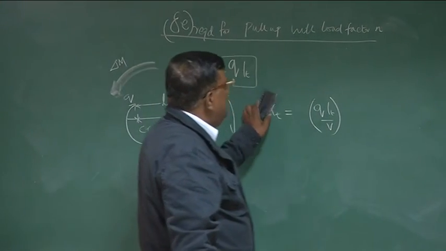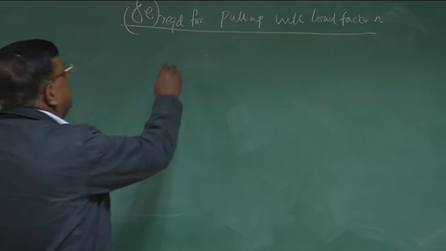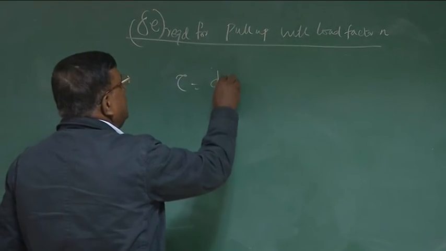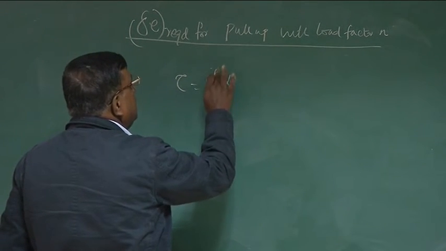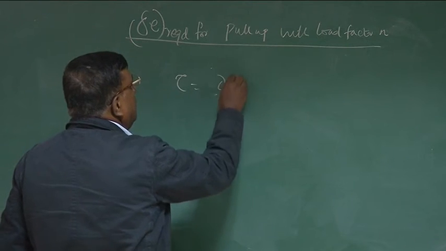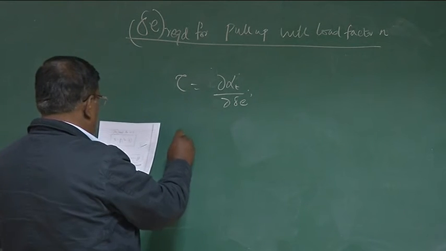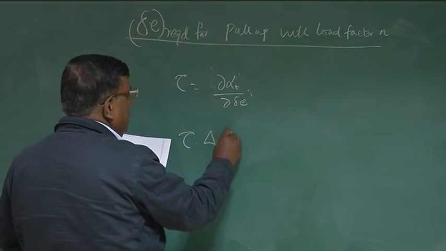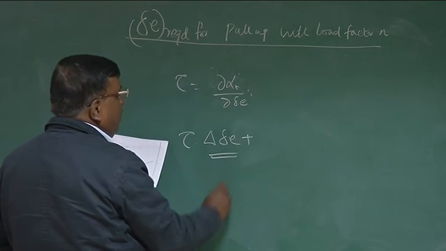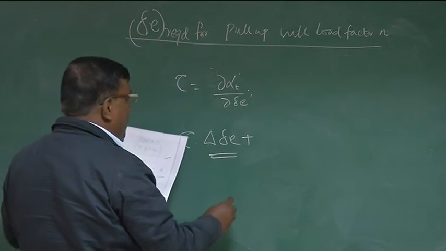So now how do I find what is the delta E additional required? If this is clear, then the job is simple. I know what tau is. Tau is d alpha t by d delta E. So I can write tau into delta E, the additional delta E required to change alpha t by how much amount?